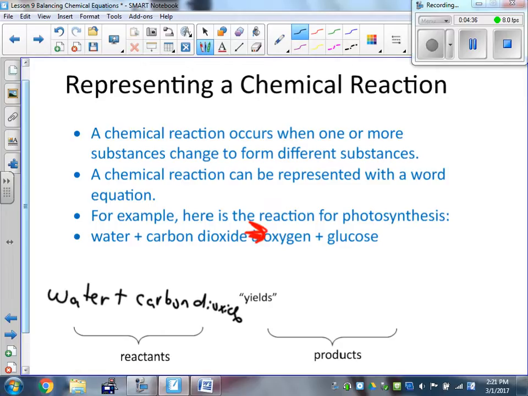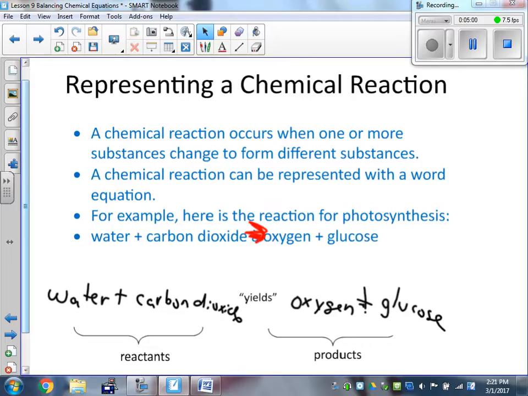When I combine water and carbon dioxide, and of course some energy, we get some oxygen and glucose. Okay? So that's an example of a word equation. Of course, the reactants are on the left-hand side, products are on the right-hand side, yes? Okay, so reactants versus products, all right?